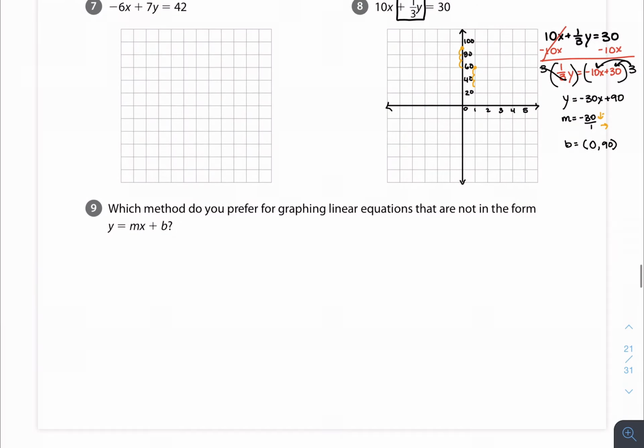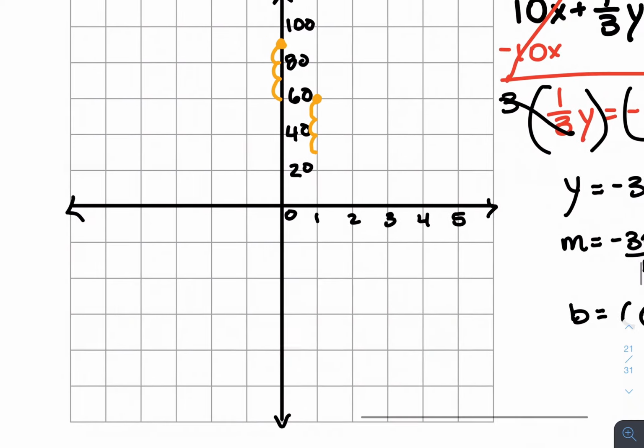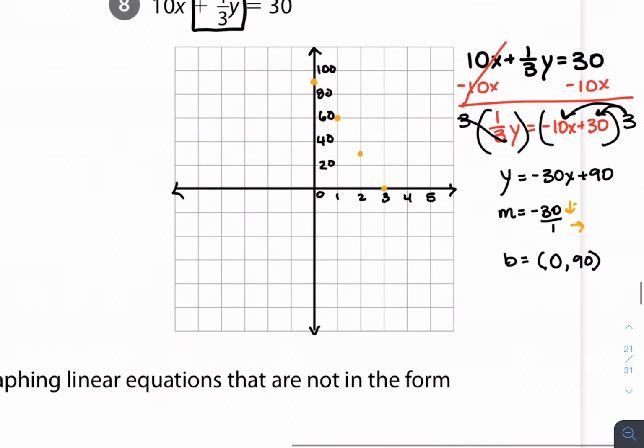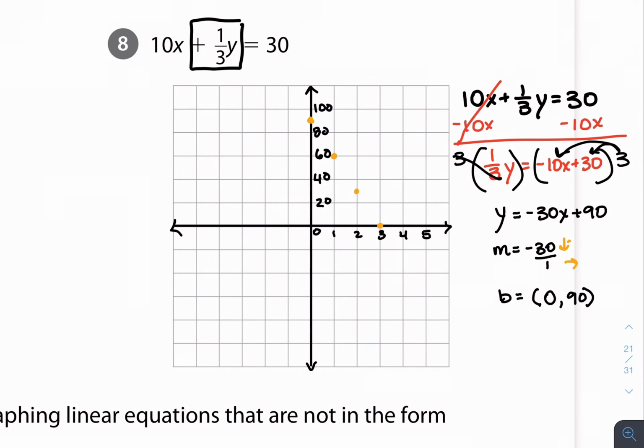Sorry about that, can't really control it as well as I want to. And if I'm at 30 and I go down 30, I'm at 0. If I move over 1, I'm right here. Take my ruler to connect those points and write the original equation on the line. And I'm done.